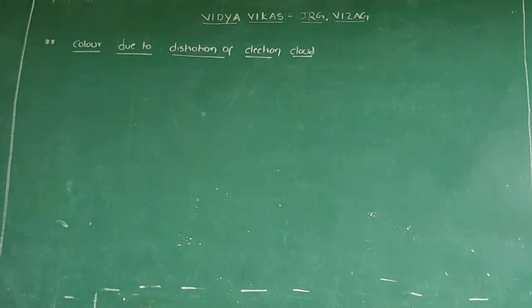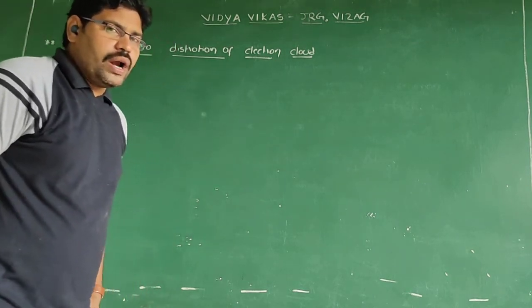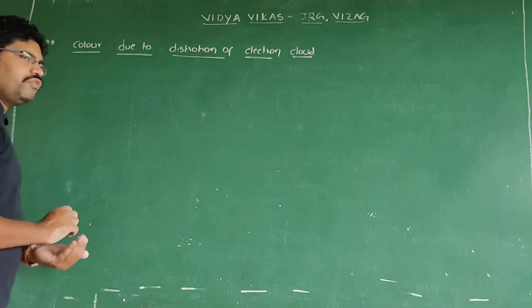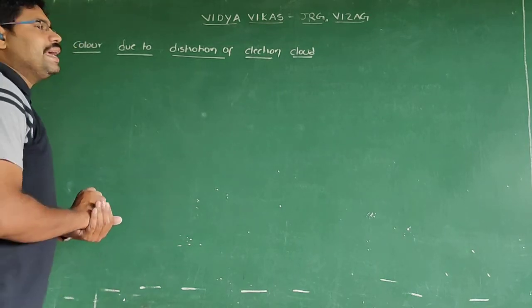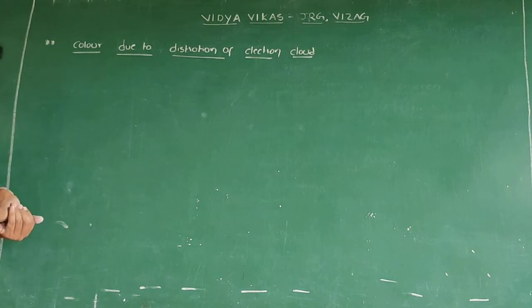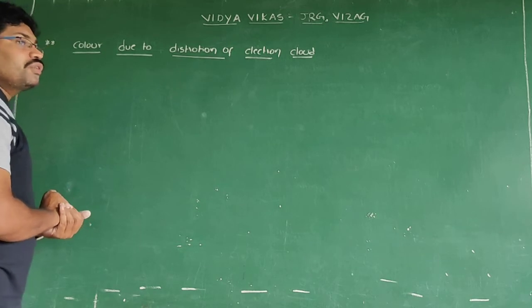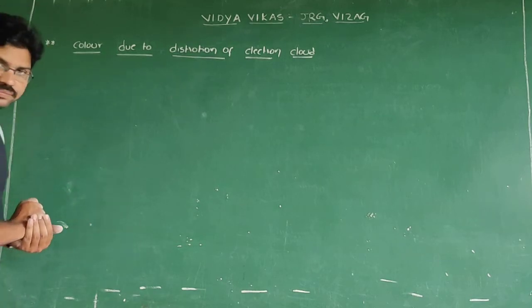Let me explain. Students, I remember last year in organic chemistry, the qualitative and quantitative estimation of organic compounds. We have, dear students, the estimation of chlorine, bromine, iodine.